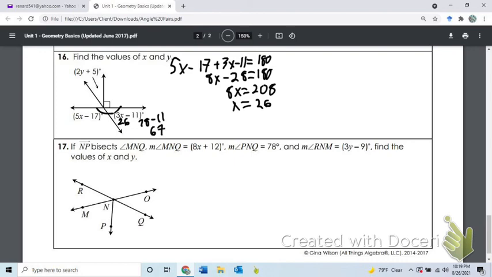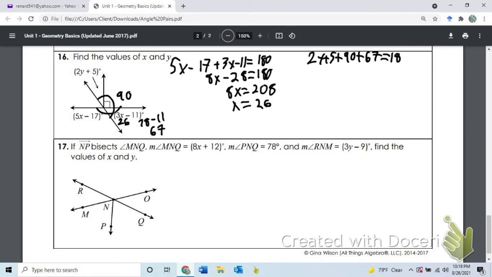Now here's the thing. I know all three of those angles right there have to add up to 180, and that's the angle addition postulate. If I take that big angle, that straight angle, and break it into 3 pieces, I end up with 180. You can also look at it as those two angles are complementary, but you end up in the same place.